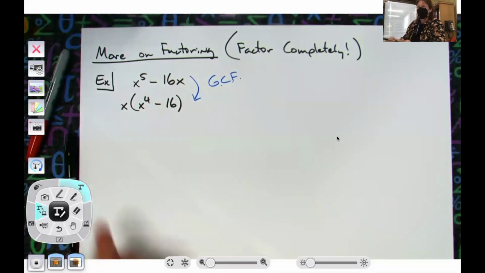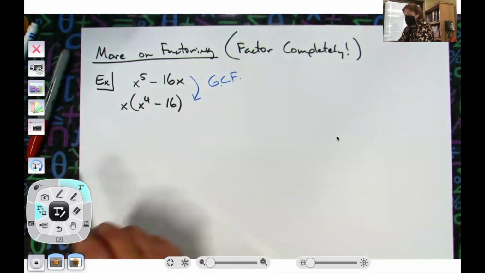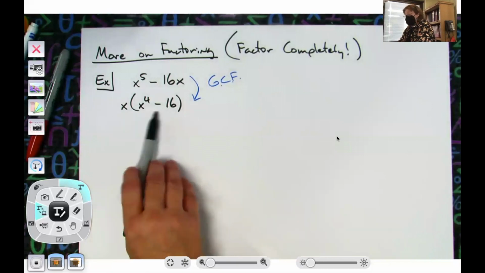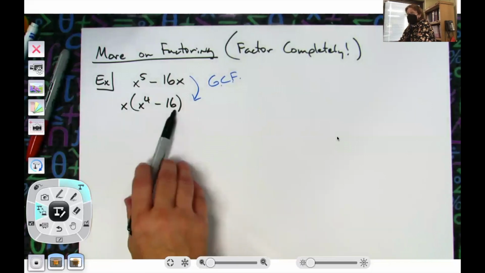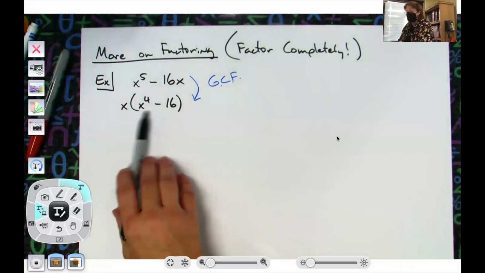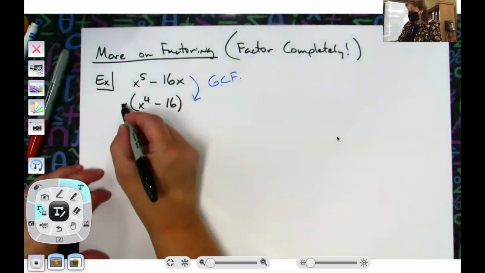Then you cannot just stop. Obviously, that x I can't do anything with, but I've got to look at what's inside here. I've got an x to the fourth and a 16. Those are both perfect squares. It's two terms with a minus sign in there. This is the difference of two squares, hidden in there. So the x just comes straight down.